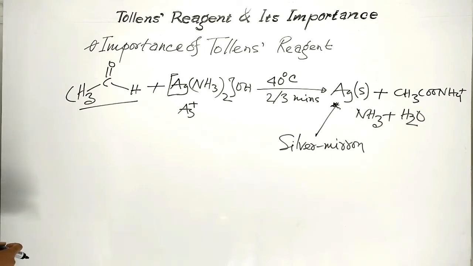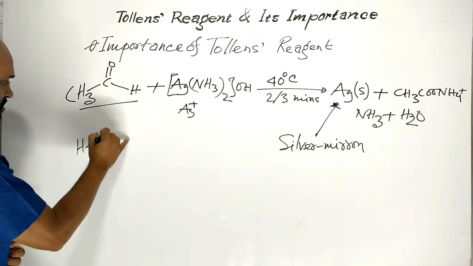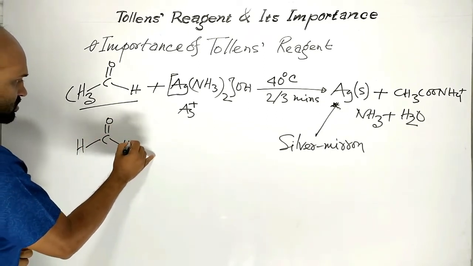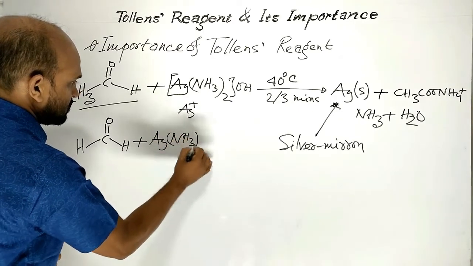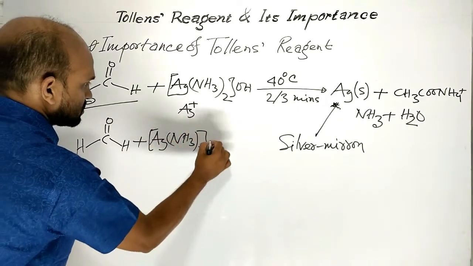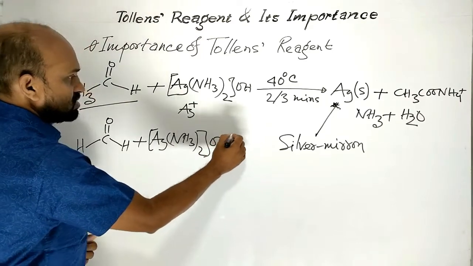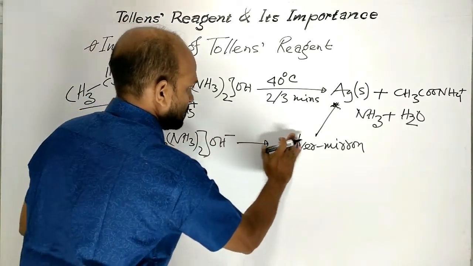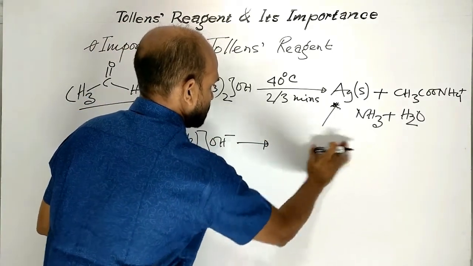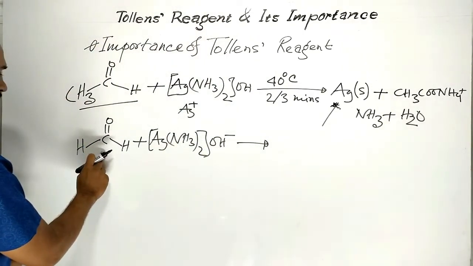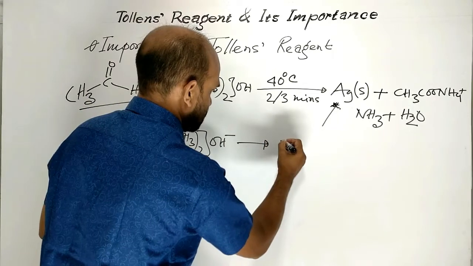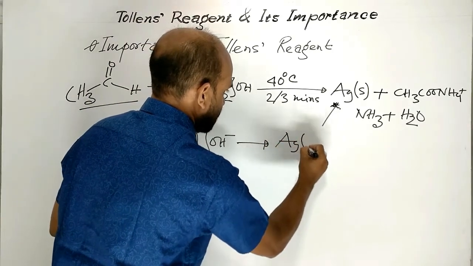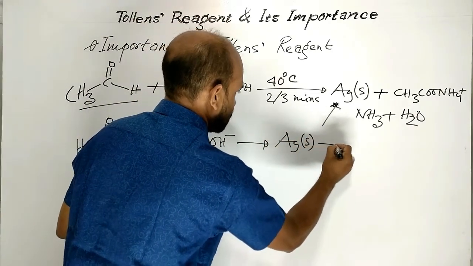Let's see another reaction. Suppose formaldehyde, Tollens reagent, diamine silver hydroxide. Here, formaldehyde reacts with Tollens reagent, then silver mirror is formed.